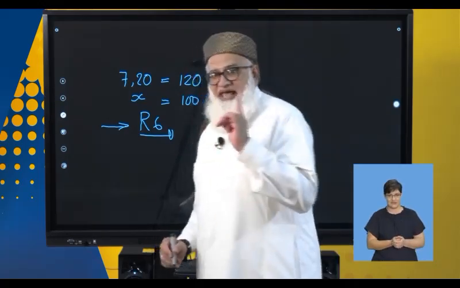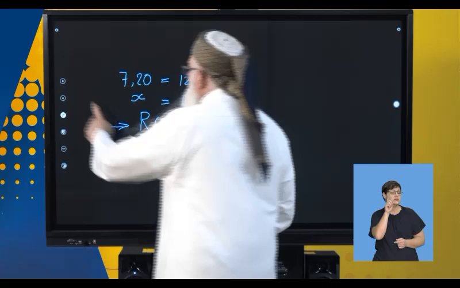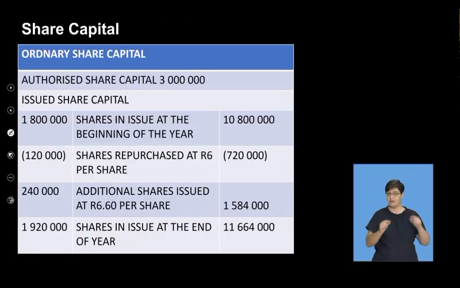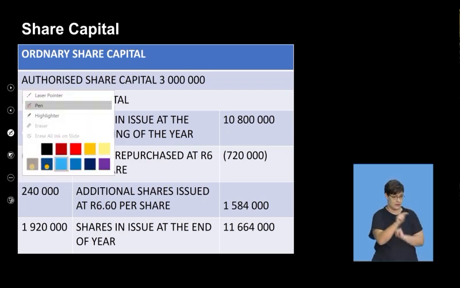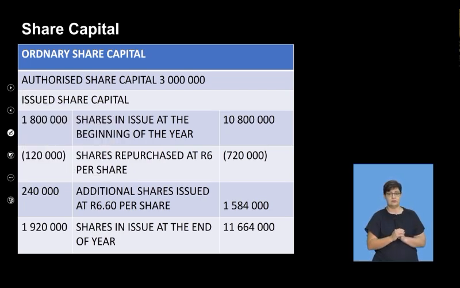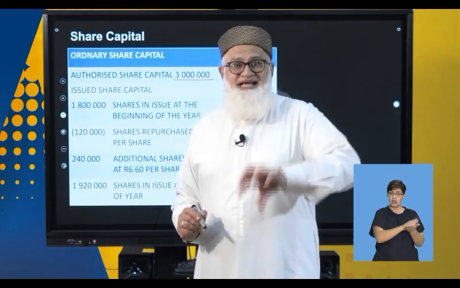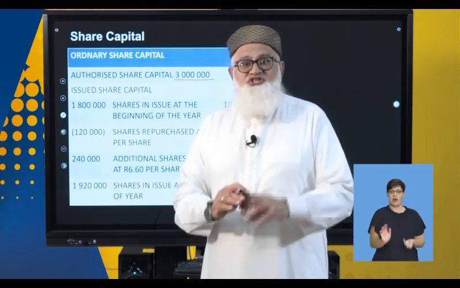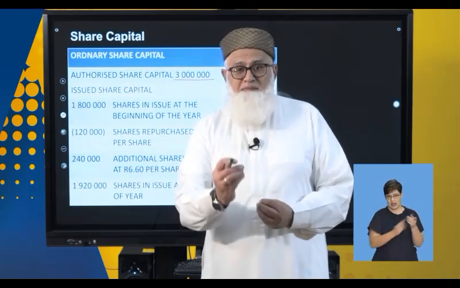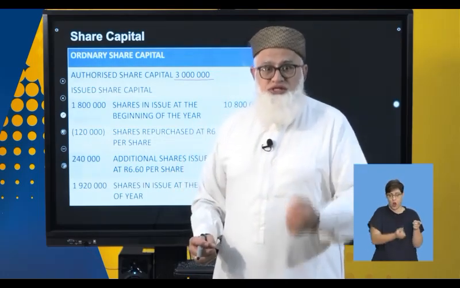Now that I have that, watch how I complete my information. Here's my authorized share capital. We've discussed that. That was the 3 million. Remember, the authorized share capital doesn't have a value attached to it. It's just the number of shares that the company is allowed to issue.